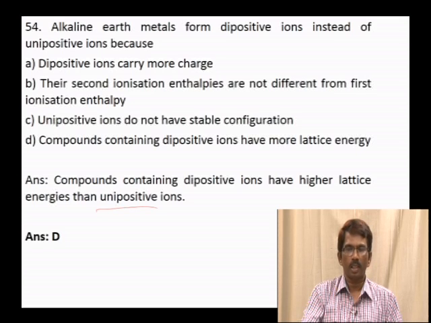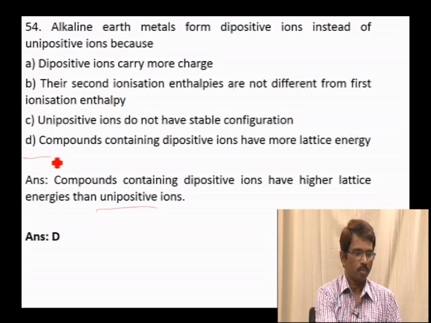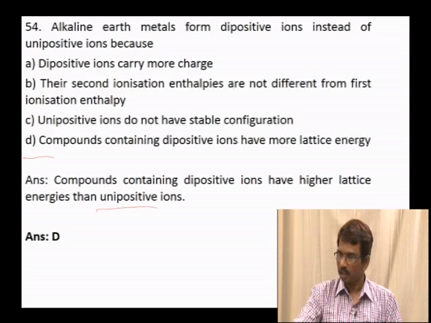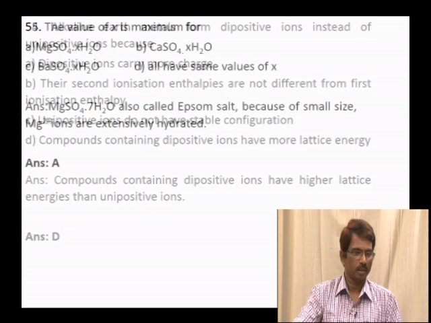Alkaline earth metals will have 2 plus charge and therefore they form di-positive ions, and hence the correct option is option D, that is the compounds containing di-positive ions will have more lattice energy.